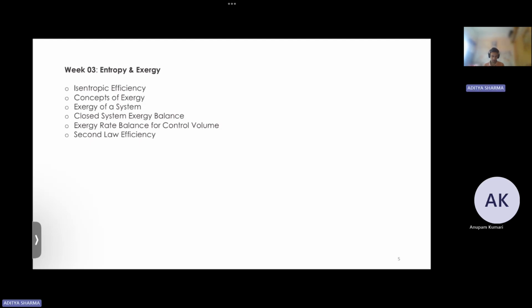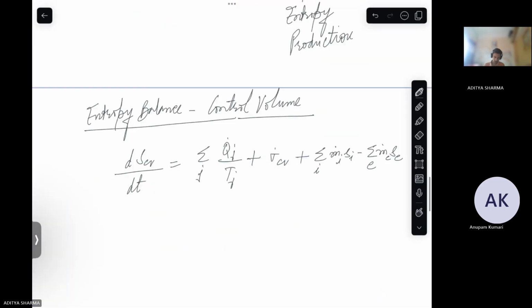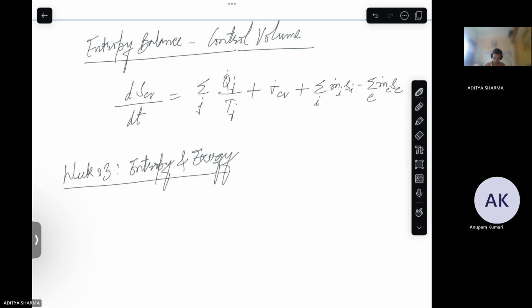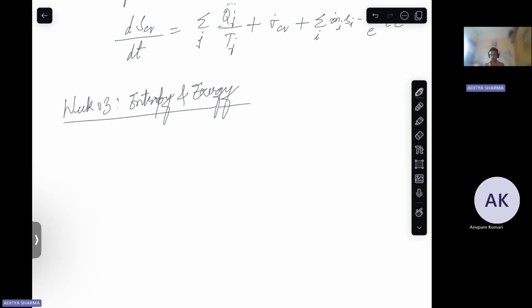All right. Before the start of your exergy topic, some isentropic efficiencies have been mentioned in the week three topics. So I'll just write down the isentropic efficiencies in different devices.